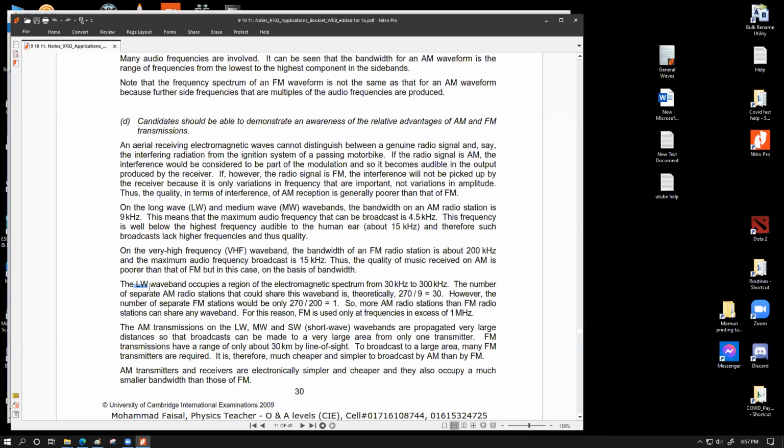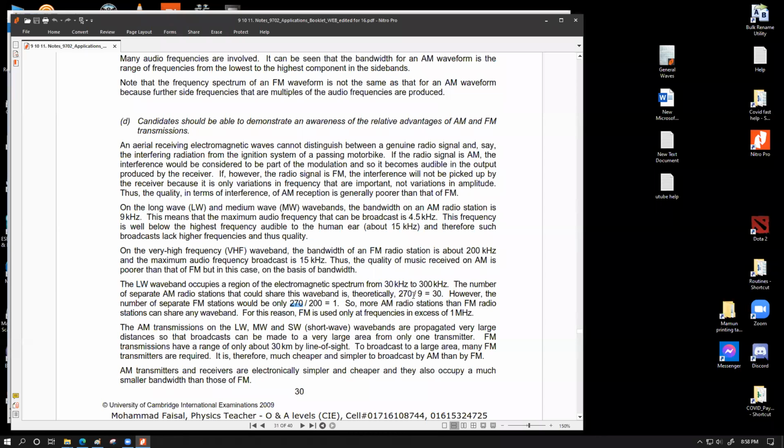So that's one thing. However, the number of separate FM stations would be only 270 by 200 equals 1. The math looks wrong, but I'll tell you why this is not wrong. 270 comes from the difference.